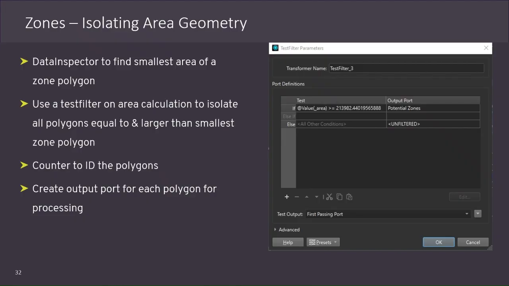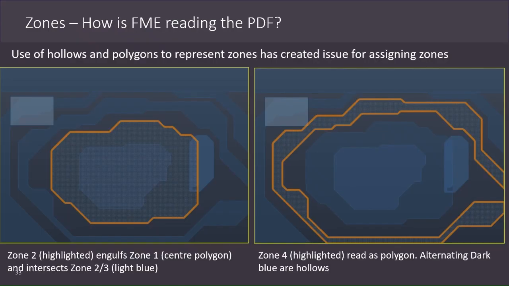We've got pretty much all the zones there, and then there might be some stray geometries, but we can work with that to get the zones that we want. So once we have that, we then put a counter ID on all those polygons, and then use an attribute filter to give each of those polygons an output port, because we're going to have to use those in multiple ways to produce the zones that we need.